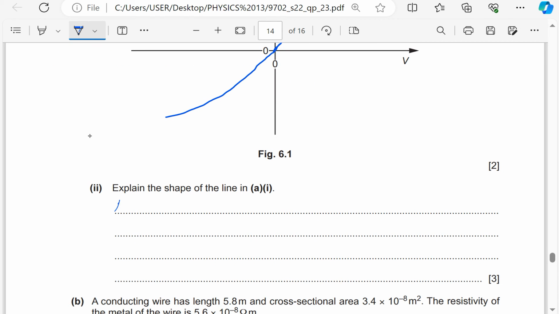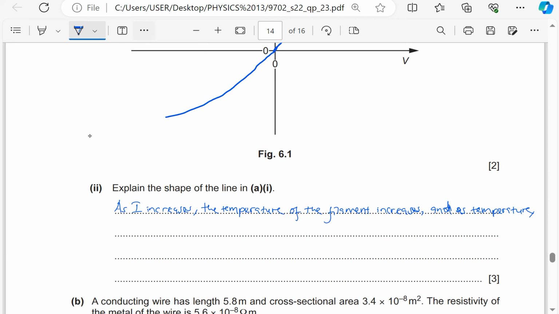So I'll simply say as I increases, the temperature of the filament increases, and as temperature increases, then the resistance of the filament increases, because resistance is directly proportional to temperature.